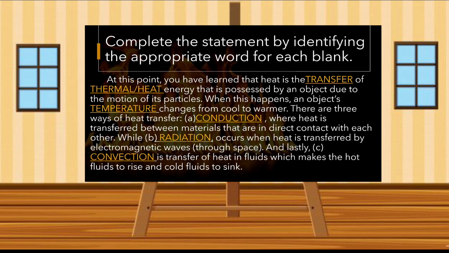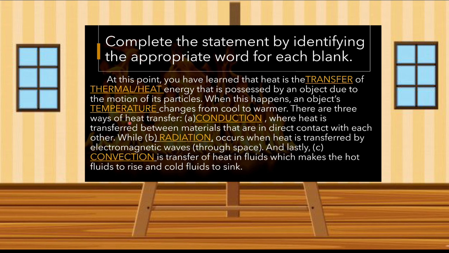Alright, let us answer and check if your answer is correct. At this point, you have learned that heat is the transfer of thermal or heat energy that is possessed by an object due to the motion of its particles. When this happens, an object's temperature changes from cool to warmer.